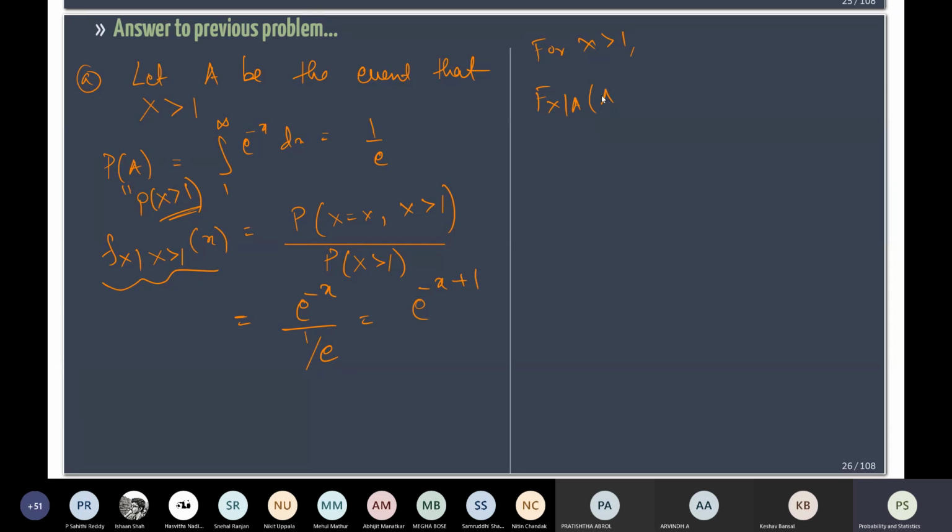That will be F_X(x) minus F_X(1), divided by the probability of A. So what was that formula? Let us check.